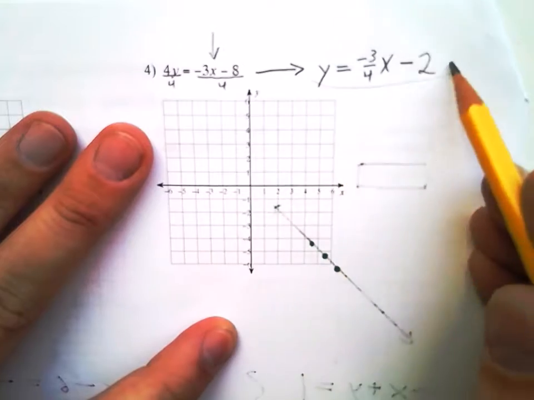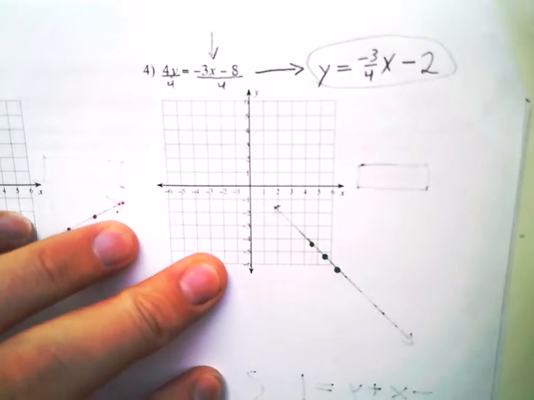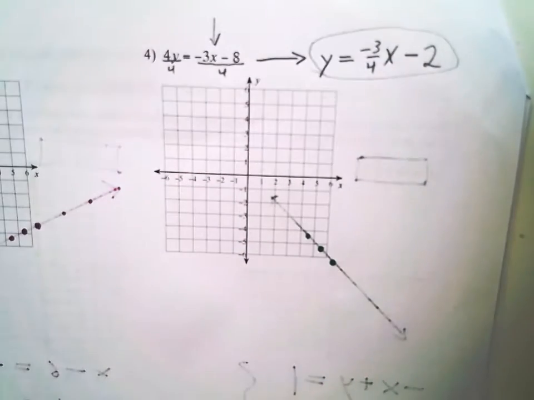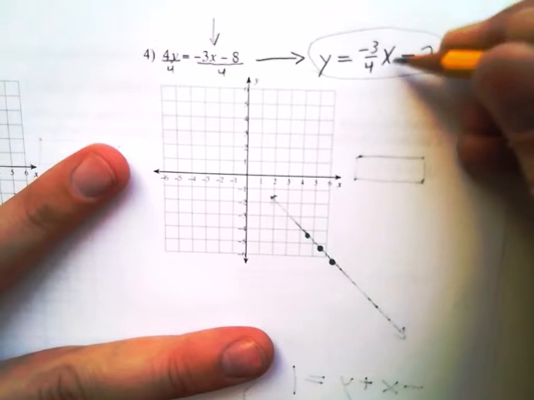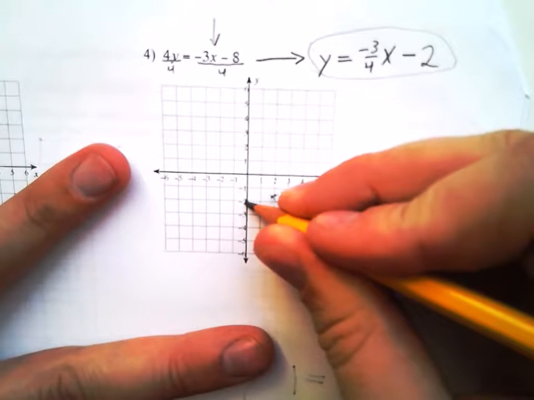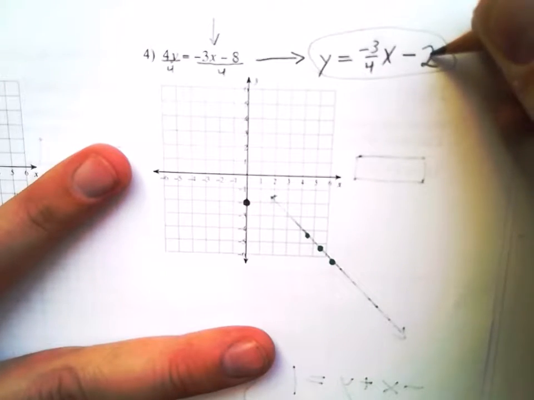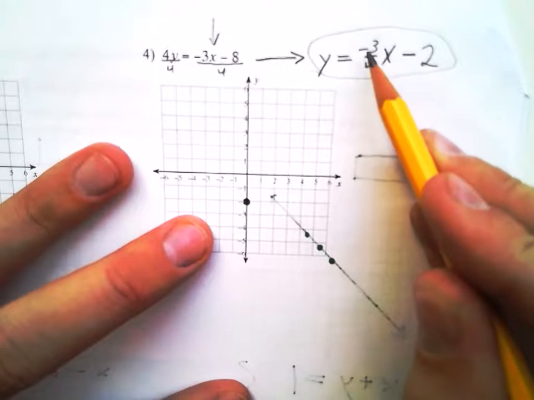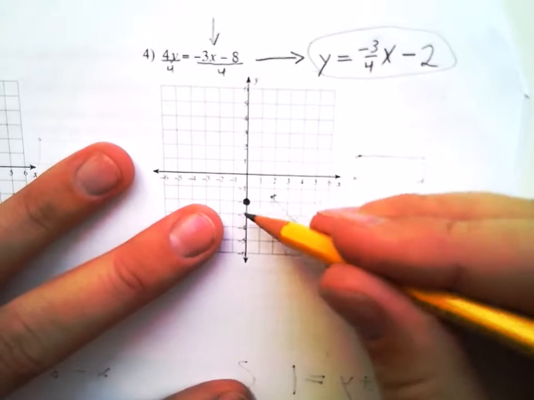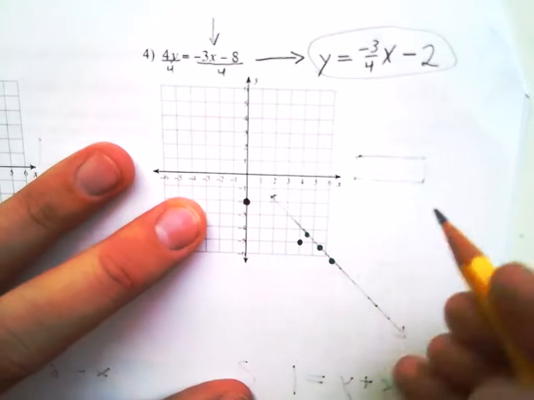So once we have it this way, instead of putting in the x's like we were doing on number 1 and number 2, we can just say negative 2 is the intercept. If x is 0, that part is 0, so we get y equals negative 2. And then we can just go according to this slope, negative 3/4, down 3 over 4.